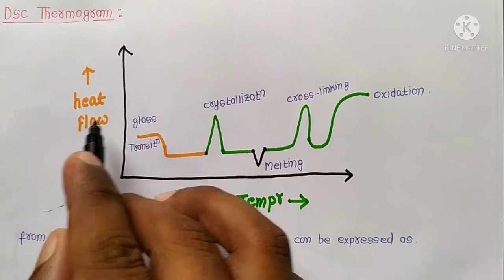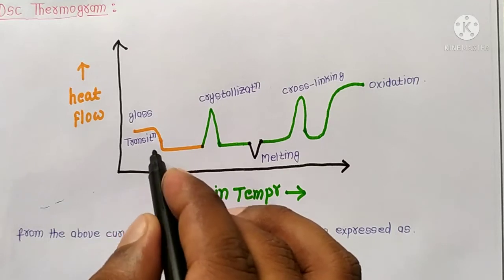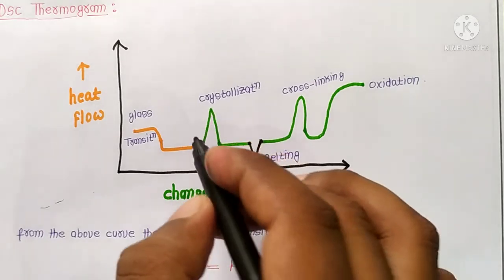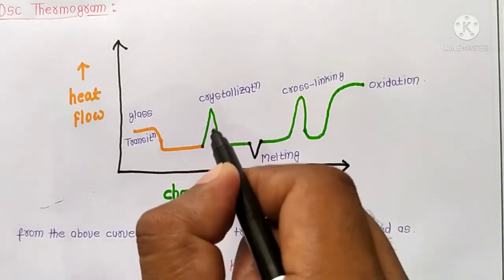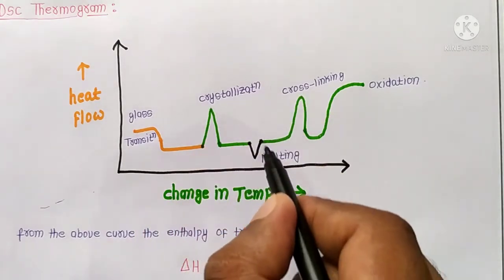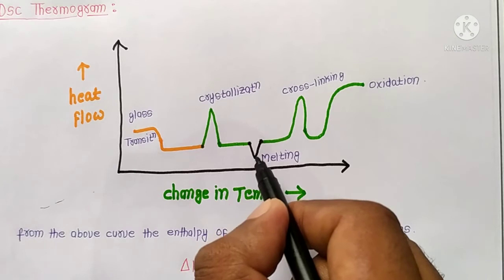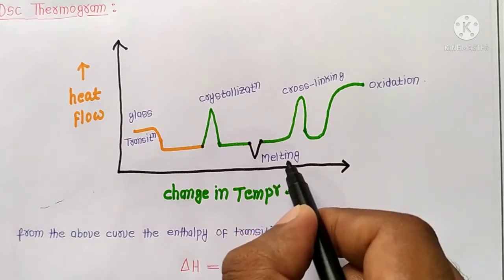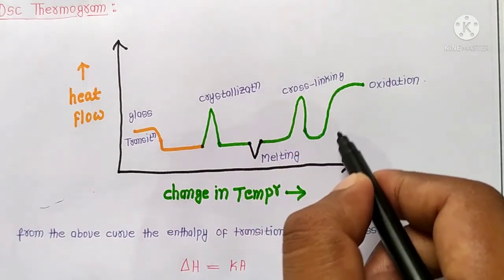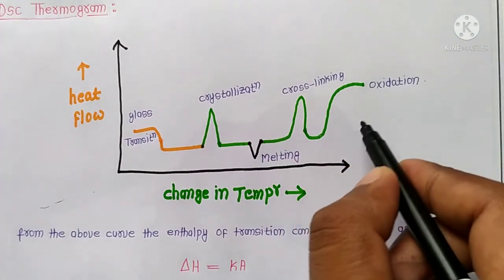Here is the glass transition, represented as a linear shift in the graph. This positive peak indicates that an exothermic process takes place within the sample, indicating crystallization. Here is the negative peak, which indicates that an endothermic process takes place, representing the melting of the sample. This broad peak indicates cross linking or curing of the sample, and this broad peak indicates that oxidation takes place within the sample.